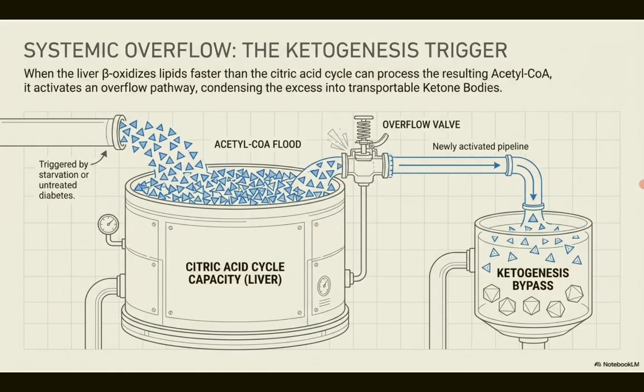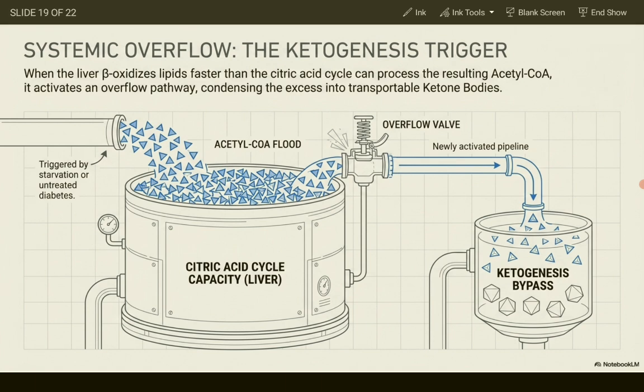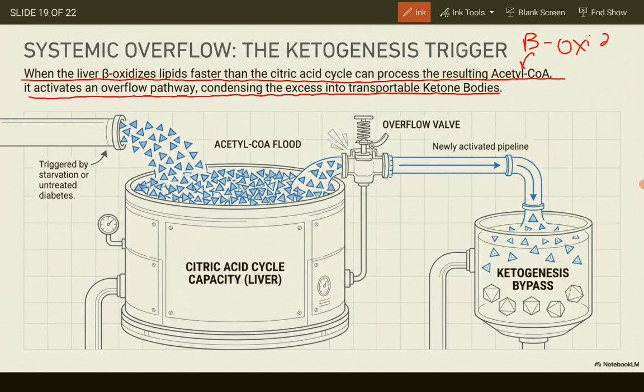Now, systemic overflow, the ketogenesis trigger. Ketone bodies are another thing that is produced during beta oxidation. When the liver beta oxidizes faster than the citric acid cycle can process the resulting acetyl-CoA, it activates an overflow pathway, condensing the excess into transportable ketone bodies. As you know, after beta oxidation, acetyl-CoA is produced and enters the TCA cycle, or citric acid cycle.